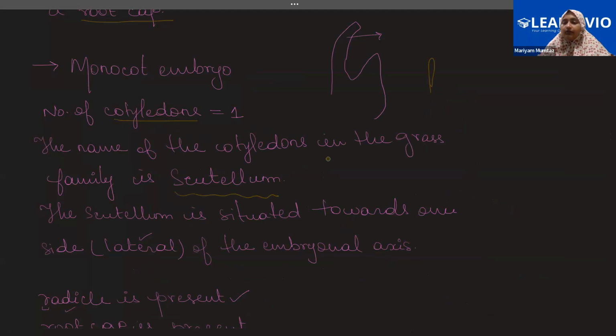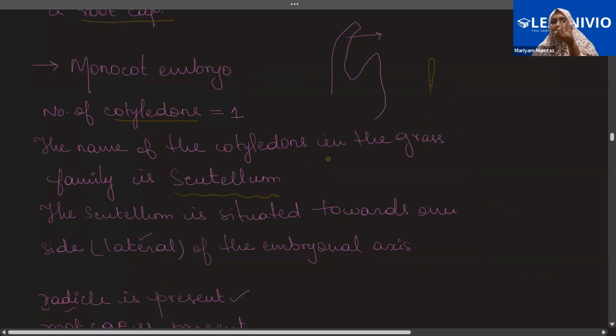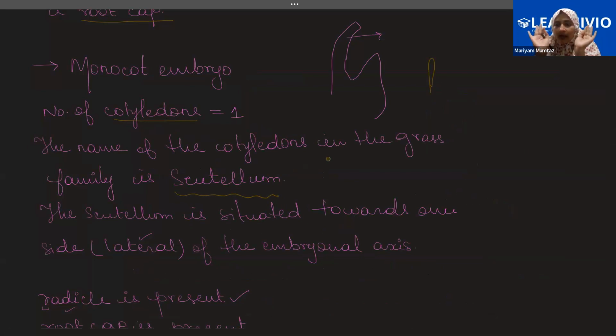Now, if you look at the seed of rajma beans, the kidney beans or the peas, if you hold it like this, the two cotyledons will be present in the middle, right? But for the monocot, the cotyledon is lateral, sideways in position. It's not in the middle.